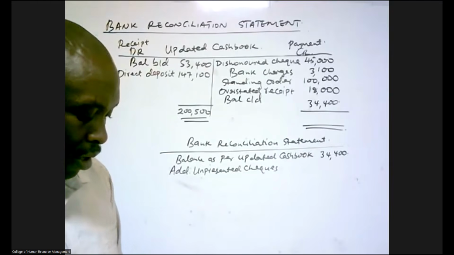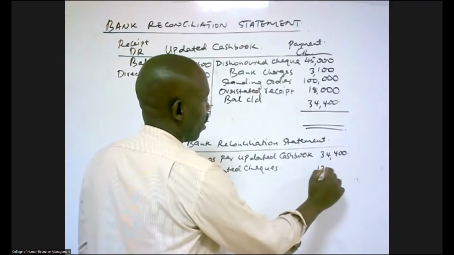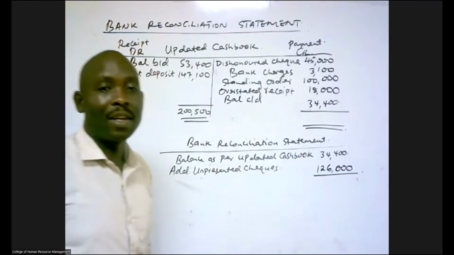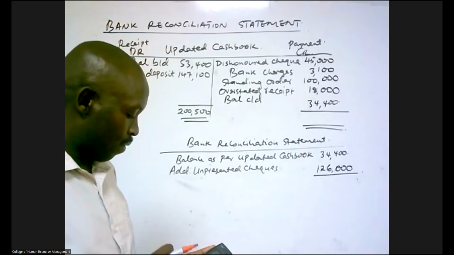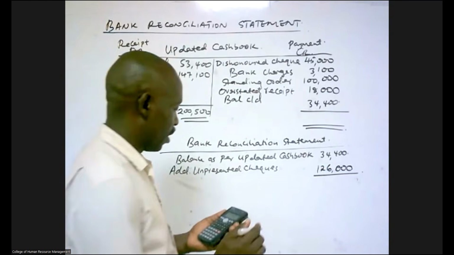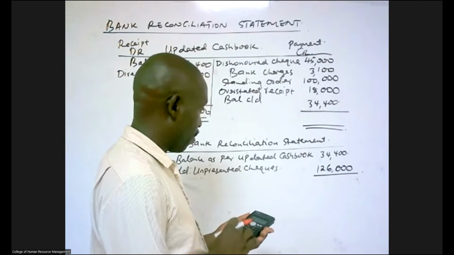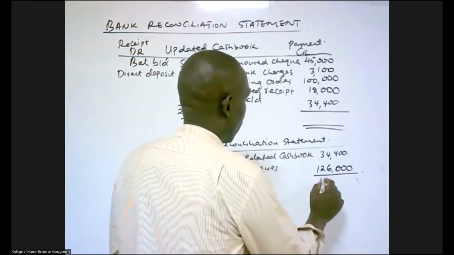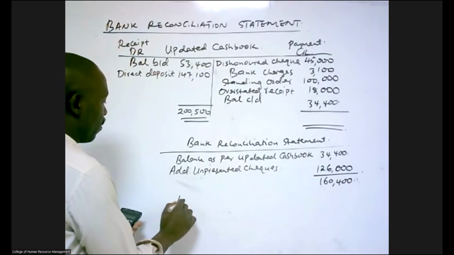So 280,000 minus 154,000, we get 126,000 worth of checks that have not been presented. That becomes the unpresented checks amount. Then we add 34,400 plus 126,000, we get 160,400.